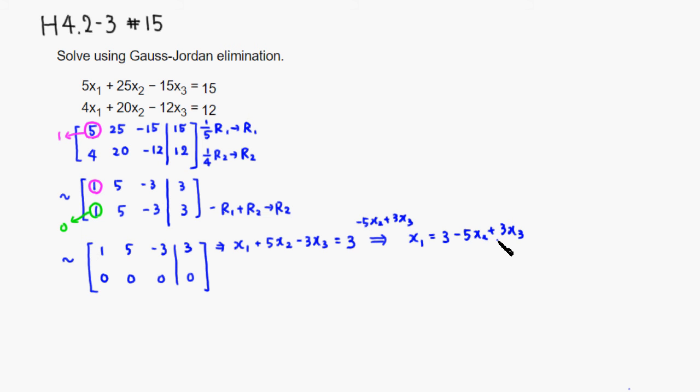You can see that there are a couple of free variables: x2 is going to be a free variable, and x3 is going to be a free variable. So let's see if we can come up with the answer.